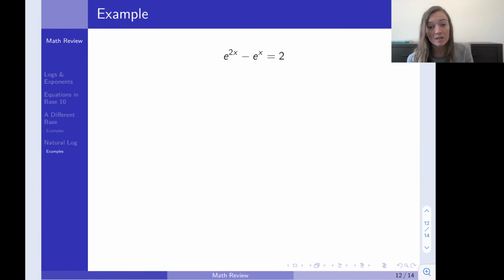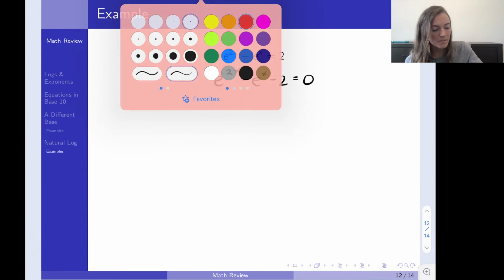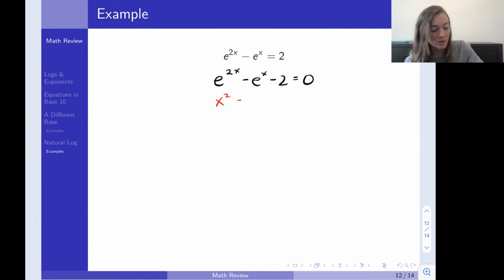So what you can notice is that this looks kind of like a quadratic equation. So if I change this to e to the 2x minus e to the x minus 2 is equal to 0, that is of the form x squared minus x minus 2. Because e to the 2x is equal to e to the x squared. So if I sort of just replace e to the x with just x, I can see I have a quadratic equation here.